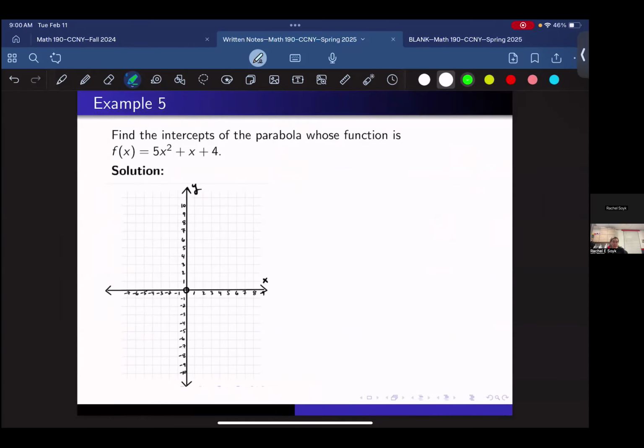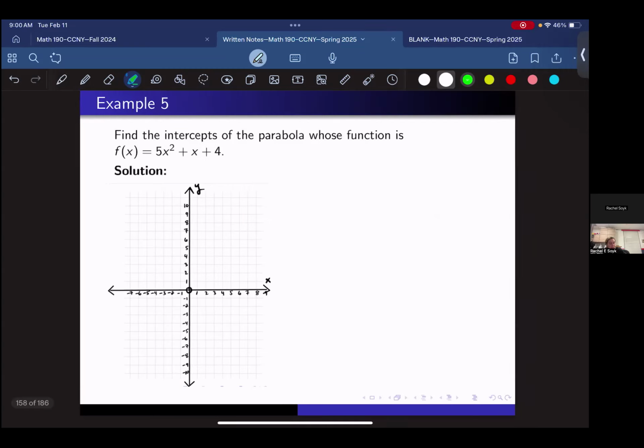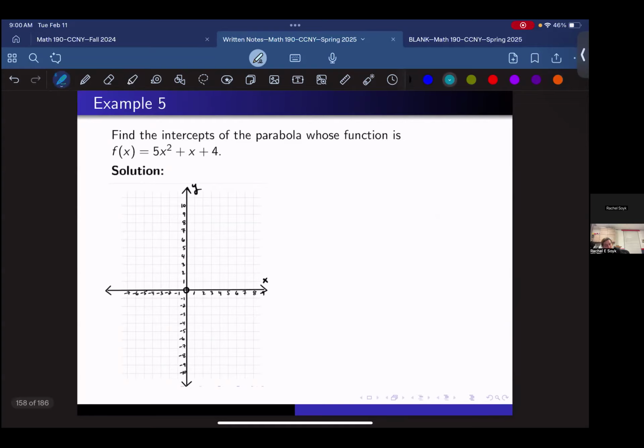So let's do another example together. We're asked to find these intercepts. And again, you don't have to graph it, but maybe we will graph it just for some extra practice. We have 5x squared plus x plus 4. Our x-intercepts versus our y-intercepts.